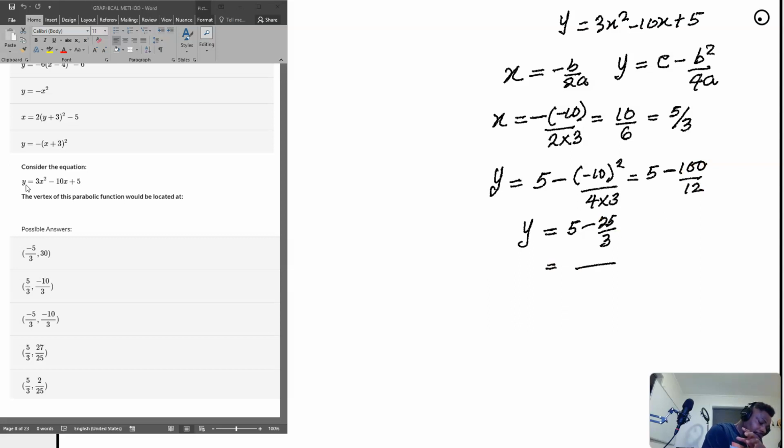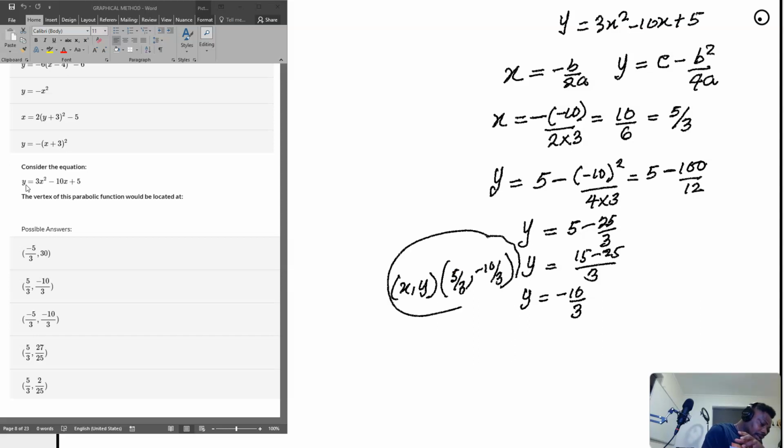So LCM is 3. This is 15 minus 25. So y is equal to minus 10 over 3. So my x is 5 over 3 and my y is minus 10 over 3. Easy. So 5 over 3 and minus 10 over 3. This is our option here.